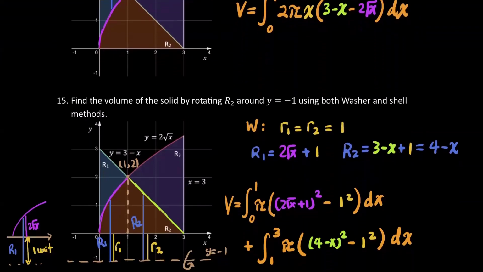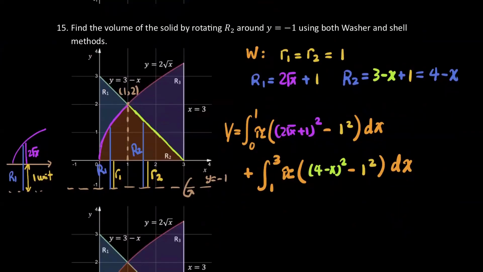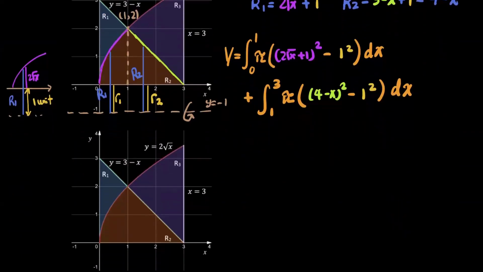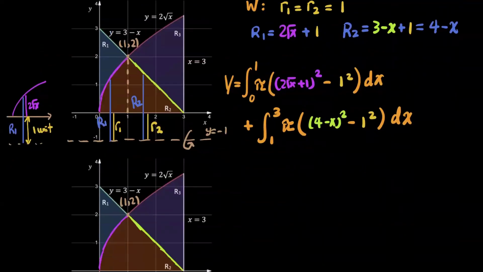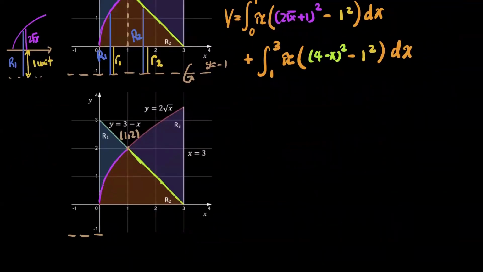Okay, next we're going to rotate region number 2 around the line y is -1. Okay, so this time we're doing it in terms of y.